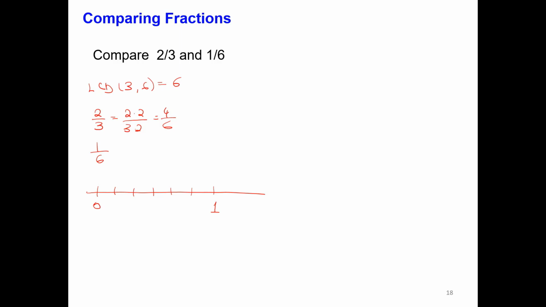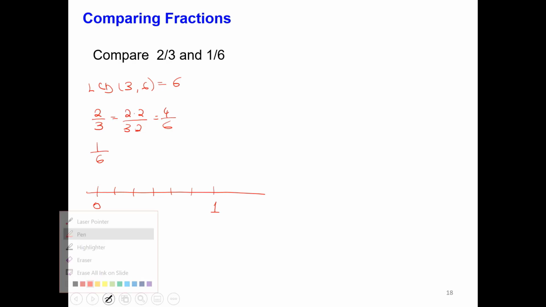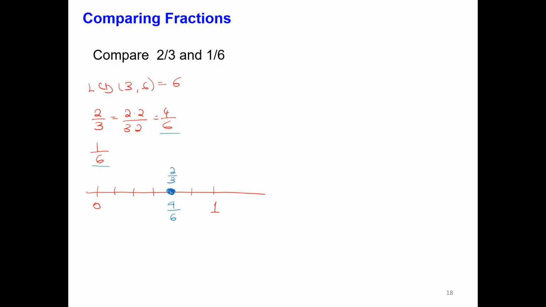The next thing is we want to graph these fractions on the number line. Then 4 over 6. This is 1, 2, 3, 4. And we know 4 over 6 is the same as 2/3. 1 over 6, then it's here.